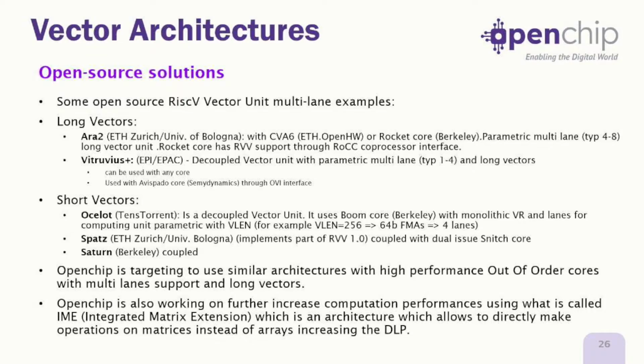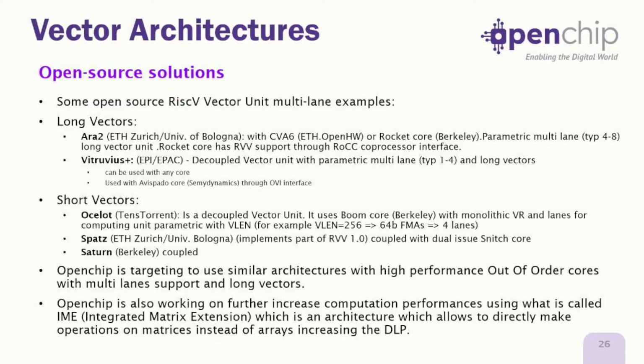And these three are also very common, very famous short vector architectures, Lotus, Spatz and Saturn. Also, Openchip is targeting to use these architectures with out-of-order cores and multi-lane, as we saw before.